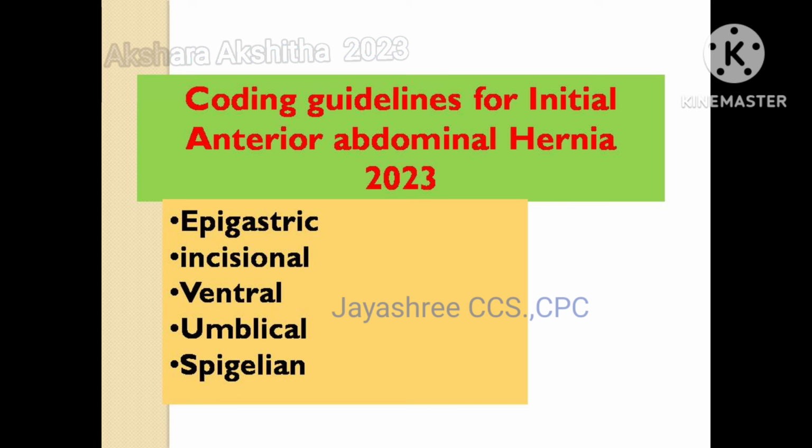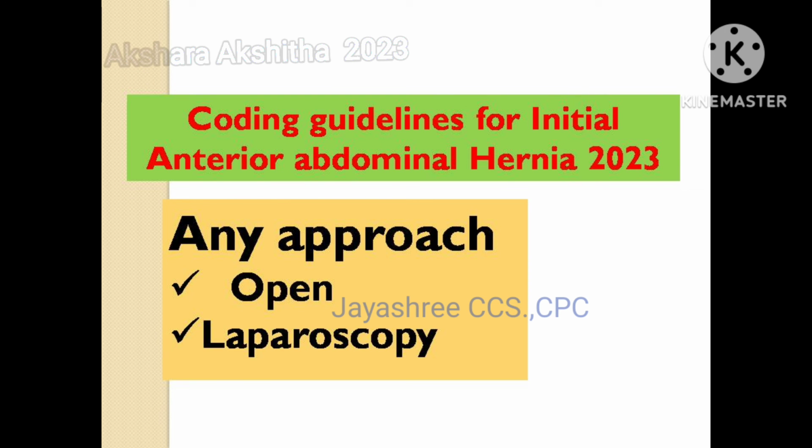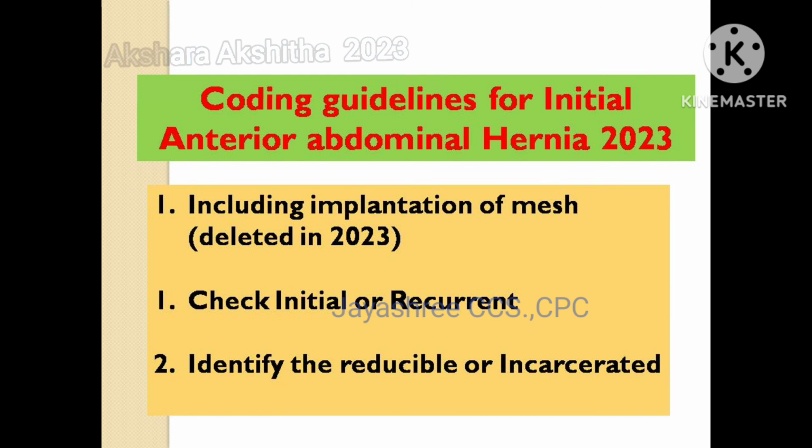Then in the 2023 guidelines, no need to look for whether the approach is open or laparoscopic. For any approach, there is only one code, and we need to use it. Okay. Then for ventral and incisional hernia, until 2022 we needed to code implantation of mesh separately, but in 2023 it is included. The code description itself says including implantation of mesh.